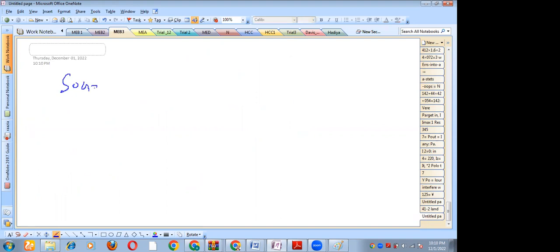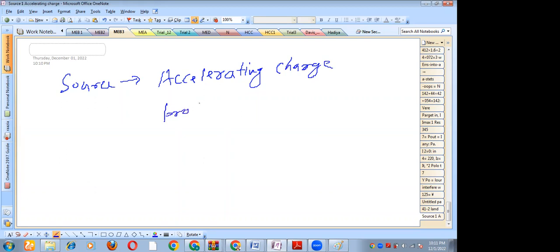Very simple. Accelerating charge produces EM waves.